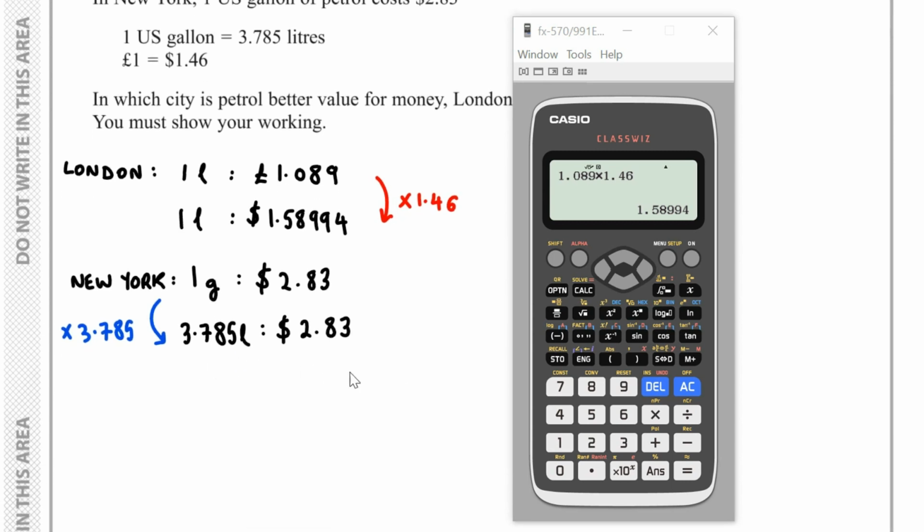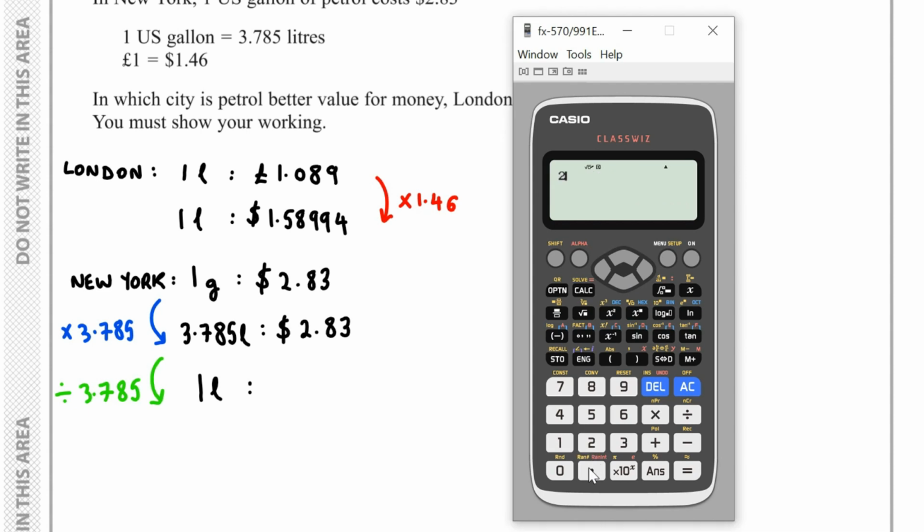And now to find out the cost of 1 litre, we would need to divide both sides by 3.785. So this tells us the cost of 1 litre.